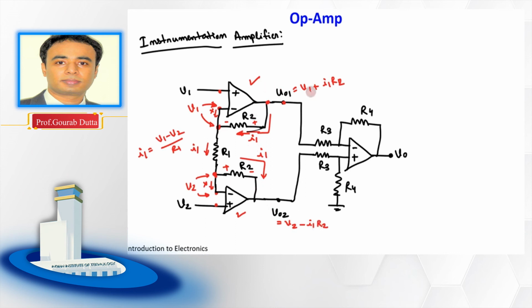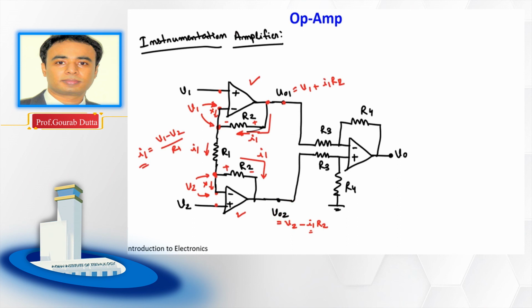Okay. Now you see we know the value of this I1, so we can put the value of I1 here, and similarly here, both in, then we have a relation for this VO1 and we can represent this VO1 in terms of V1, V2 and the resistances. Same thing we can do for this VO2, right? So let us do that.